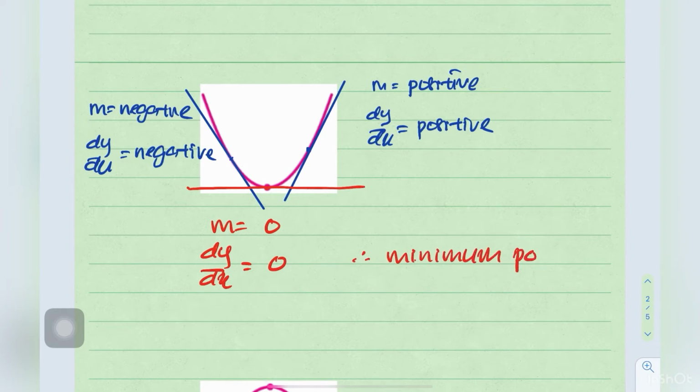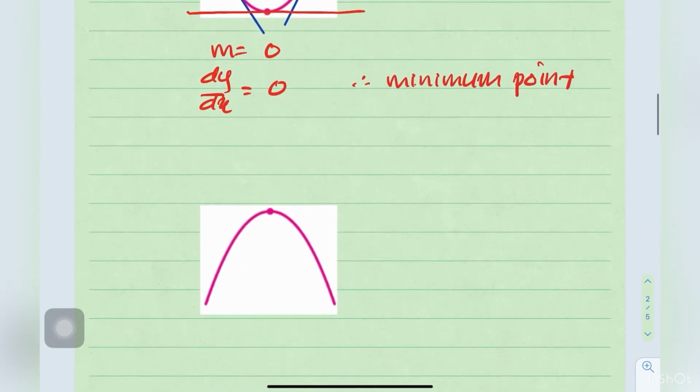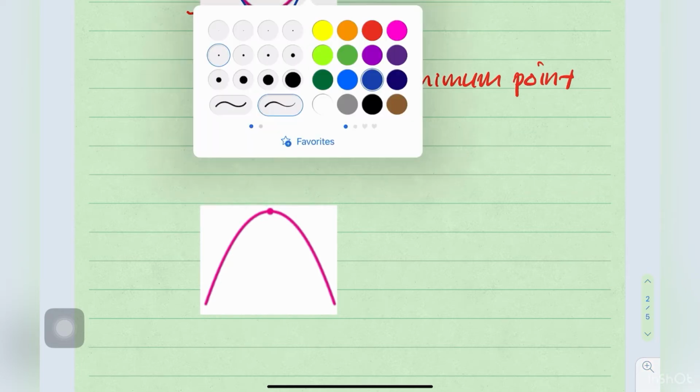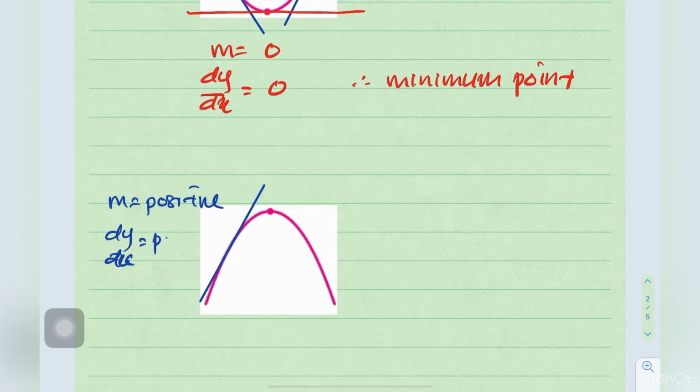Now let's say we have another curve here, a parabola with a maximum point. For this gradient, m is positive, dy/dx is positive.